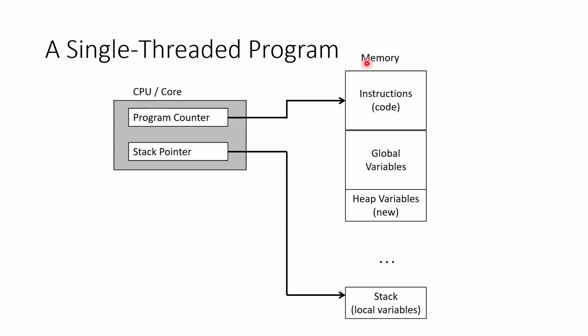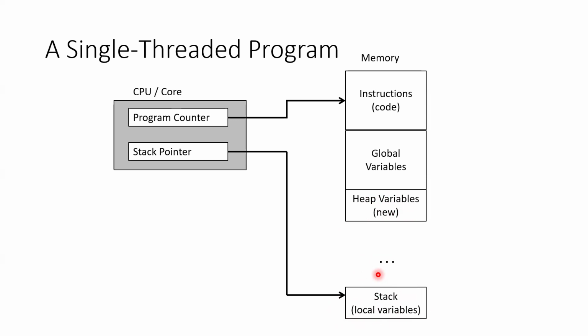And this is always stored in the first few chunks of memory. In the second chunk, you have the global variables in your code. In the next chunk, you have heap variables that are dynamically allocated and scrolling up. Your stack starts from the end and it rolls down. This is all for a single-threaded program.